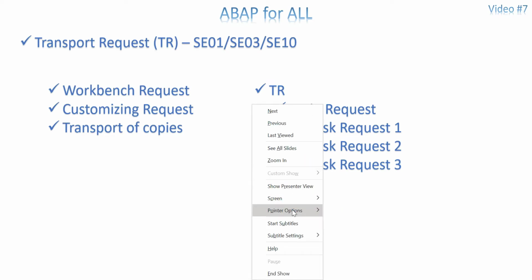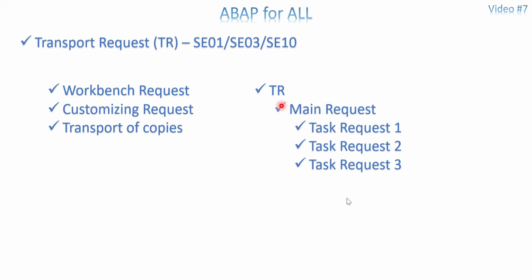This is called the main request, a 10-character alphanumeric number. And another one is the task request, again a 10-character alphanumeric number, maybe sequential. So the idea is that you have one main request, and you can have either one or multiple task requests. If you are an independent developer, mostly you have one main and one task request.